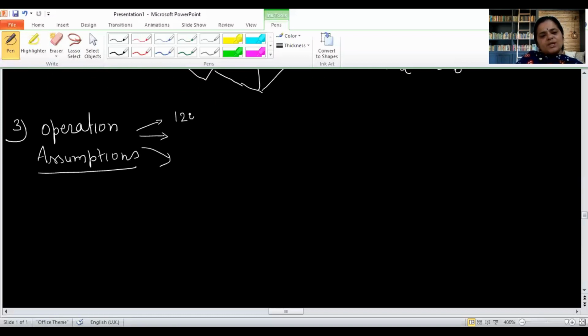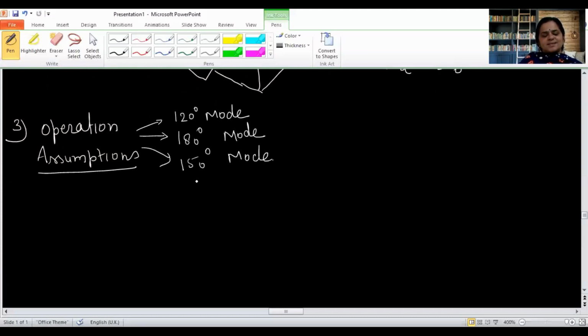One is 120-degree mode. The 120-degree mode means that each SCR will operate for a duration of 120 degrees. Another mode is 180-degree mode. It means the SCRs connected in the power circuit diagram of the inverter will operate for a duration of 180 degrees. And the third one is 150-degree mode.